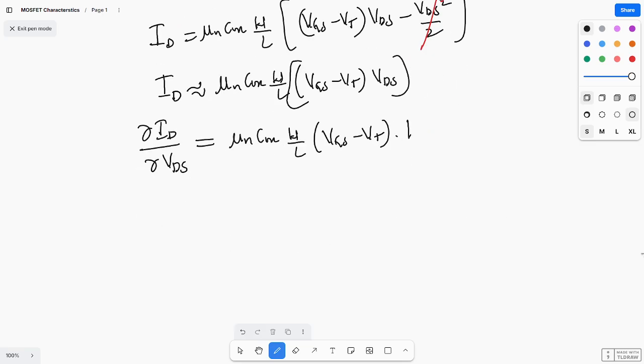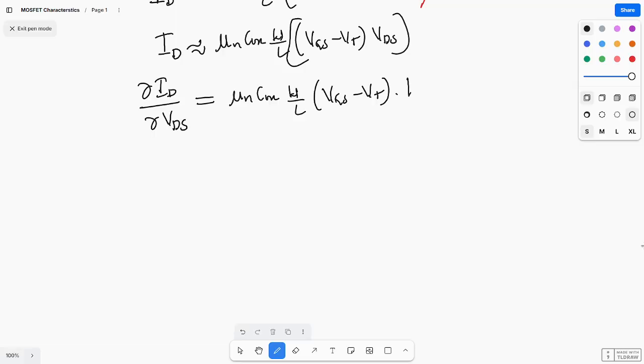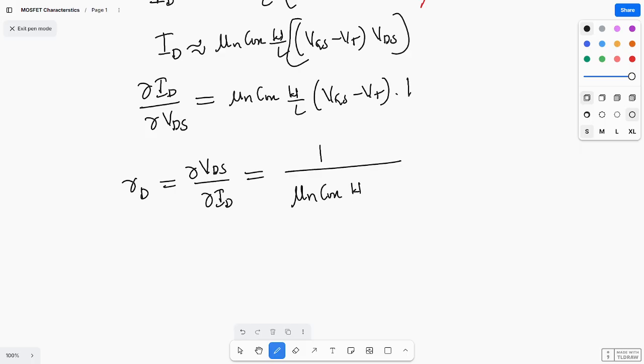But I want rd, no? What is rd? rd equals ∂VDS by ∂ID, so this is nothing but the reciprocal: 1 by μn Cox W by L times (VGS minus VT).